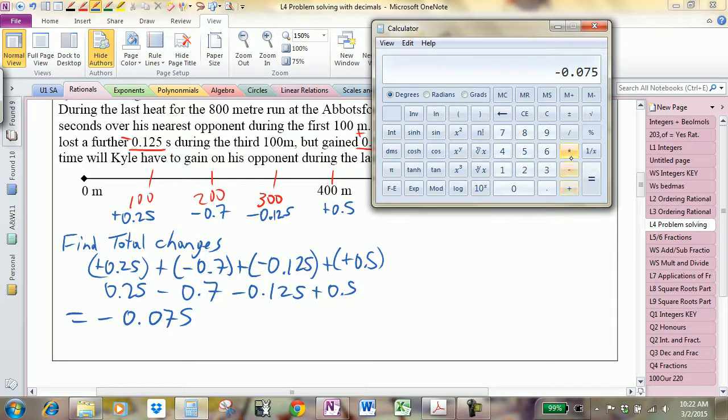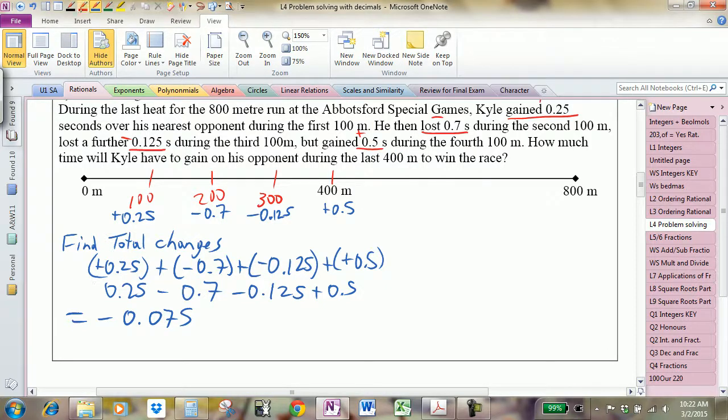Negative 0.075. So what does that mean? And then how do we answer the question? So first of all, what does that mean? Josh. Yep. So how does that reflect to a race? It's not necessarily going to win. Why?